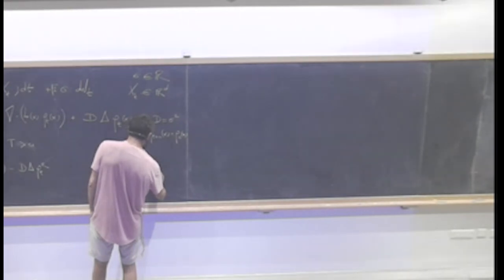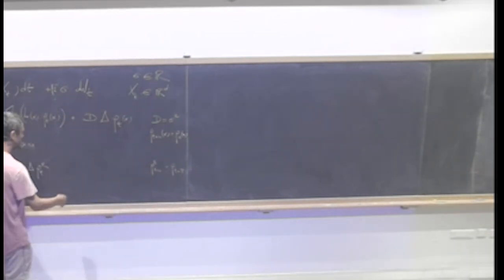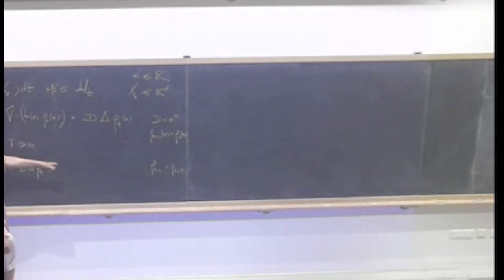What happens is that at time t equals 0 here, this should be the other one at time t equals t, right?